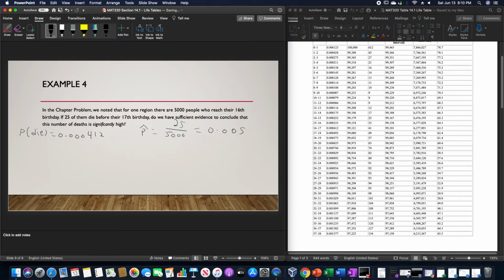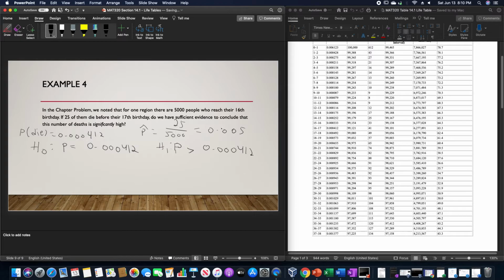We could proceed to test this claim for this region, with the deaths from a population with a death rate greater than that value from the life table of 0.000412. We could test this by using a hypothesis test of p equal to 0.000412, and the alternative, p is greater than 0.000412.